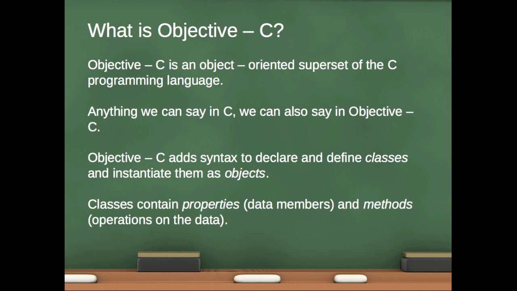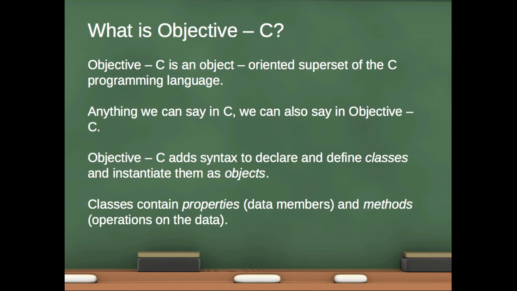And if you don't know anything about object-oriented programming, that's okay. We're going to cover that using Objective-C as a springboard. But I will say, as a preview, that classes contain properties, which are data members, and methods, which are operations on the data inside the class.